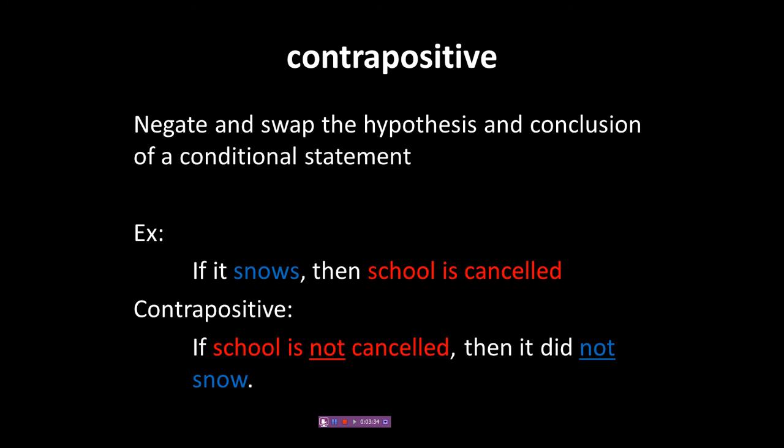Then the contrapositive would be, first of all, we swap the hypothesis and conclusion. We take the school is canceled part and the snows part and swap them, and we also add the word not to both of those phrases. So our contrapositive is, if school is not canceled, then it did not snow.